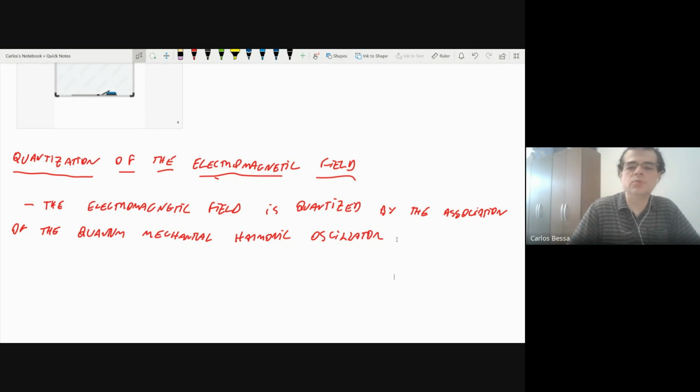I will use this book again, so for this part on the quantization of the electromagnetic field I use the same reference. If you have another book, that is good as well.